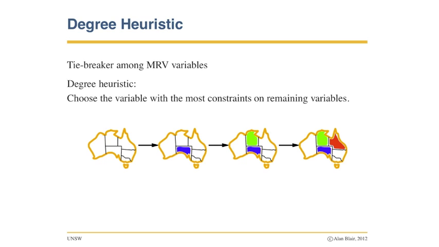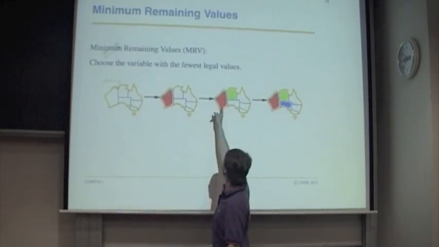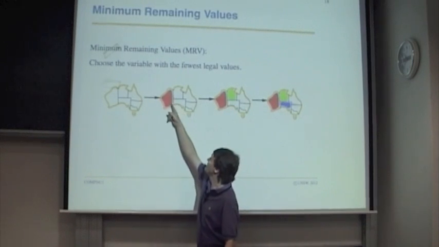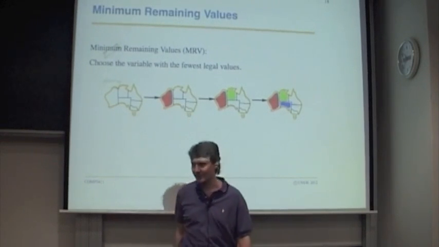What if you've got several to choose from that all have the same number of remaining values? Well, then the degree heuristic can be used to further refine the choice. As you were saying, in this case it's probably better to choose South Australia because it imposes more constraints on these other states.